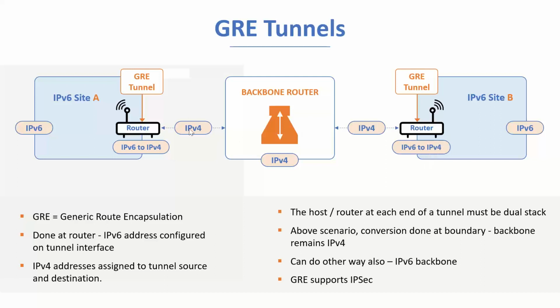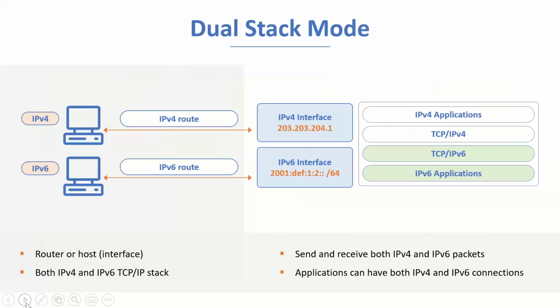Of course, that has to be a dual stack host or router, and then you're doing it at the boundary. You can have some security, because that is secured using IPsec. So if you're going to do something like that, this is a method you might wish to consider.